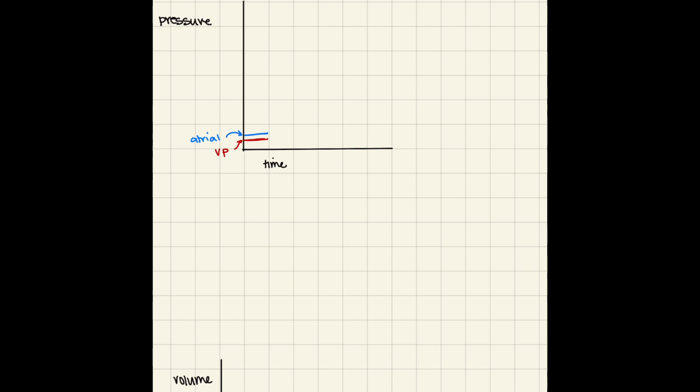So as the atria contracts, which we show right here in a pressure change, our pressure is going to follow in the ventricles. Our atria are kind of just gonna level out and they do a little whoop right there.